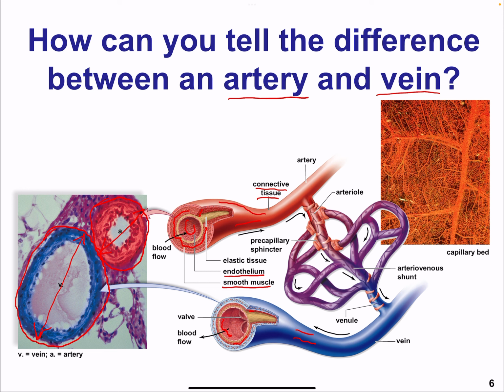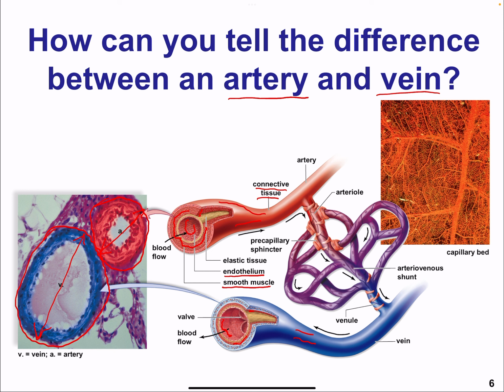We have a very high pressure there, while the veins are carrying the blood from the tissues to the heart, which means that overall the blood pressure is going to be lower in veins than it is in arteries. So arteries have to be thicker compared to veins.